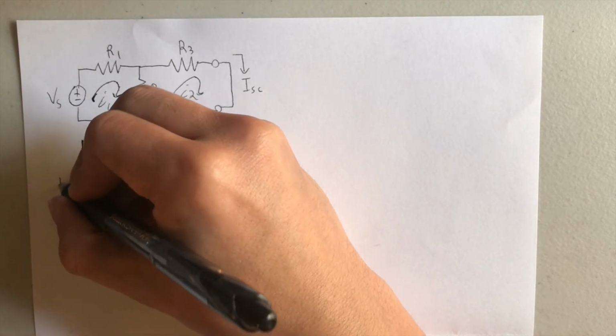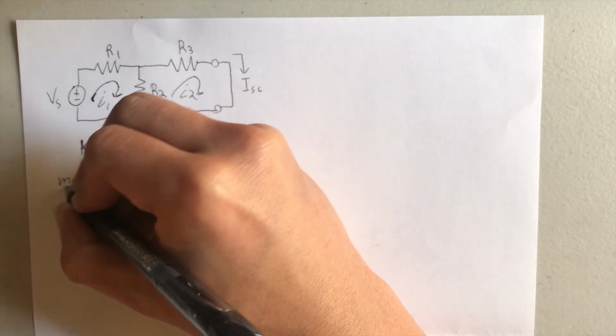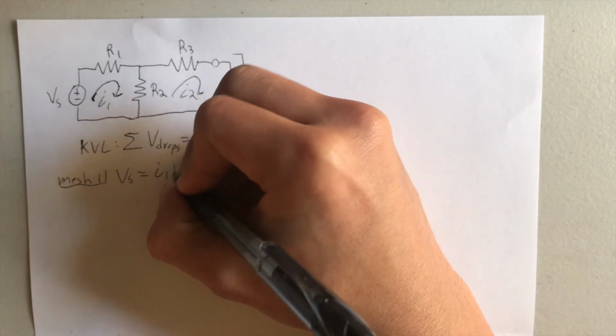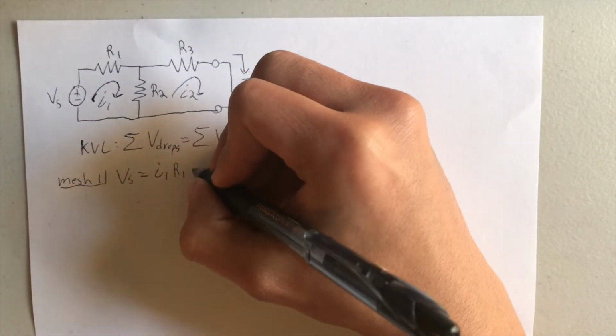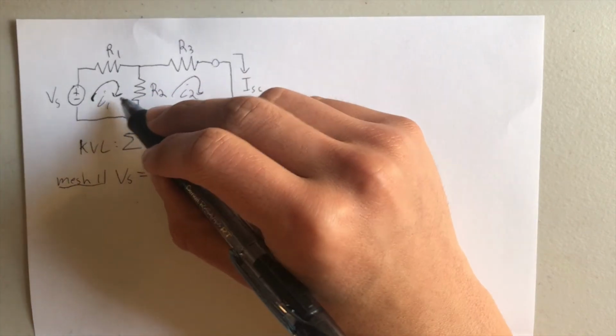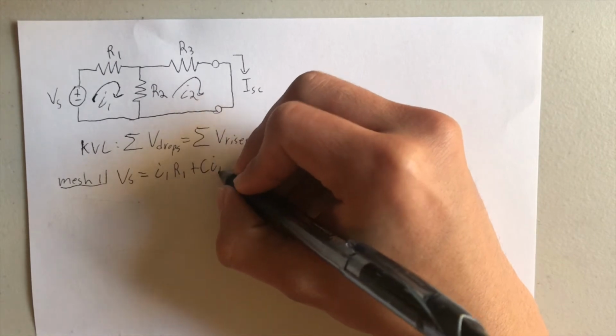And for our first mesh equation, we're going to have a voltage rise from the voltage source, a voltage drop from R1 plus this current minus this current, I1 minus I2.